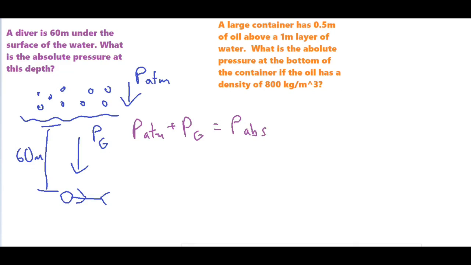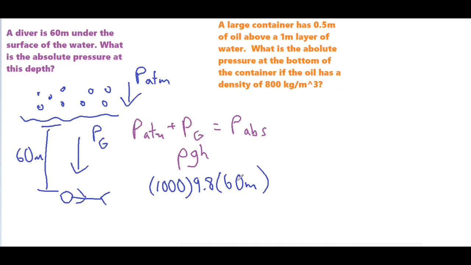So when we're working with the gauge pressure, especially when we're working with a fluid or a liquid like this, we're going to want to use the formula rho g h. And if we're using rho g h for water, it's going to be 1,000 kilograms per meter cubed for the density, 9.8, our constant g value, acceleration due to gravity, and then we have the height of 60 meters.